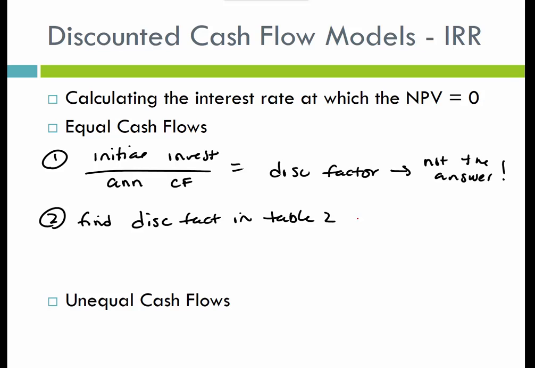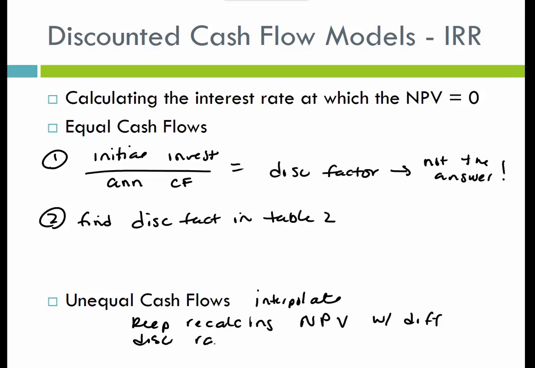If it's unequal, you can do this thing called interpolating, which I'm not going to make you do here. It's a real pain. Or you can just keep recalculating net present value with different discount rates until the net present value is 0.